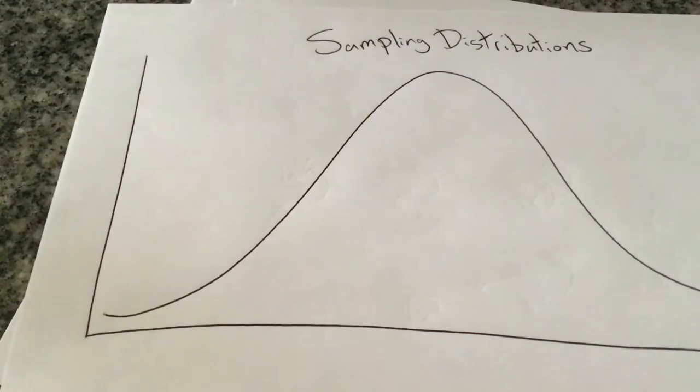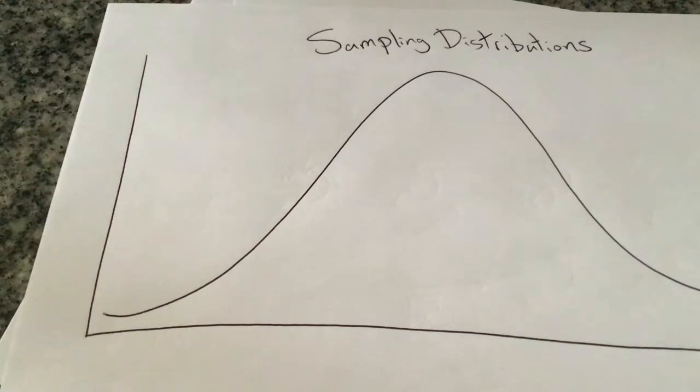What a sampling distribution instead does is graph the means or the averages of many samples. So let's say we did all of that rolling of the dice, right? And we got a mean of 7. Now, you should get a mean of 7, and the majority of the time when you do this experiment, you would get a mean of 7.